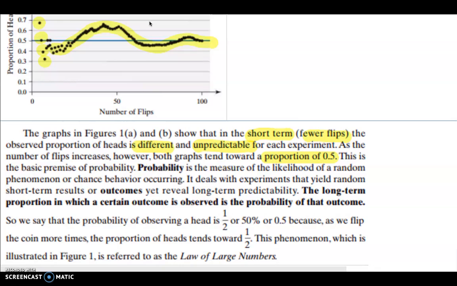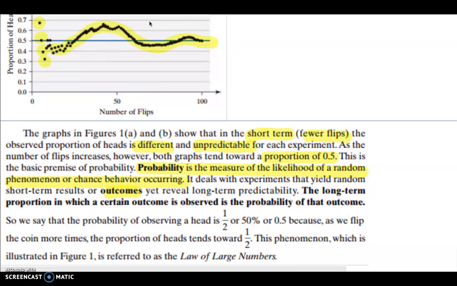So here's your definition for probability. Probability is the measure of the likelihood of a random phenomenon or chance behavior occurring. So it deals with experiments that yield random short-term results or outcomes, and they reveal long-term predictability.